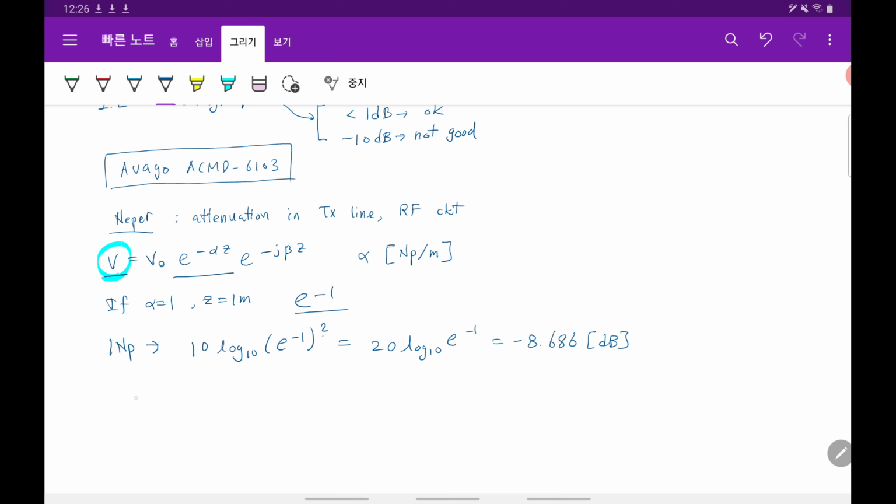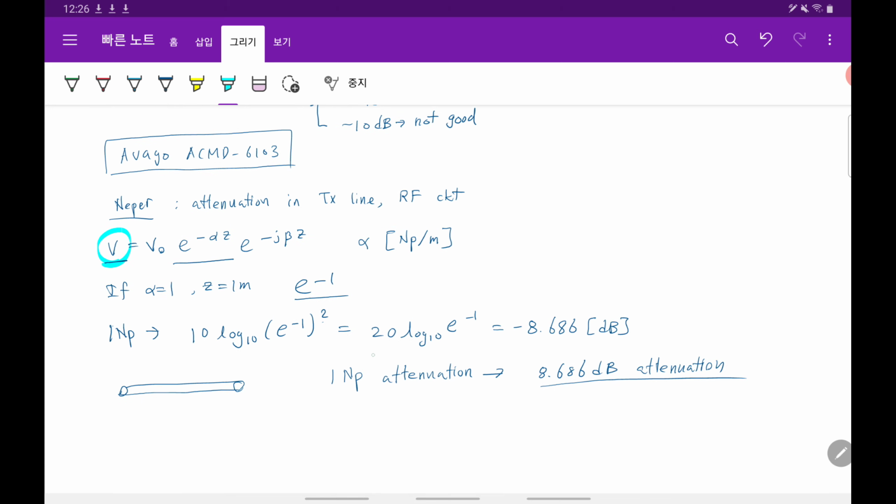So in a transmission line or circuit, if we say 1 Neper attenuation, it means 8.686 dB attenuation. That's why we have 20 here, right? Not 10.